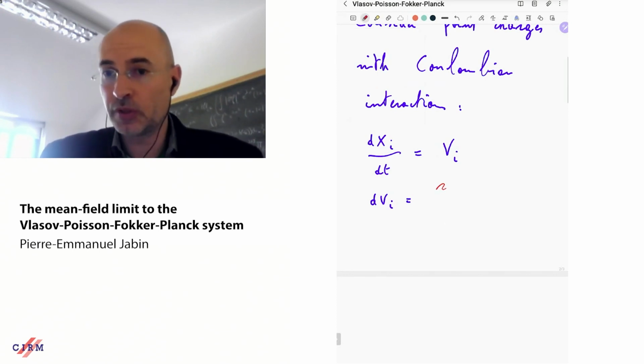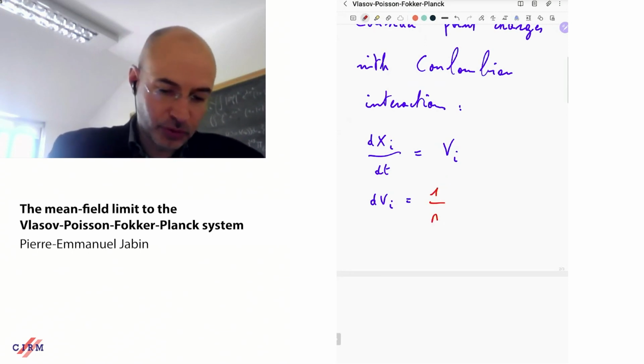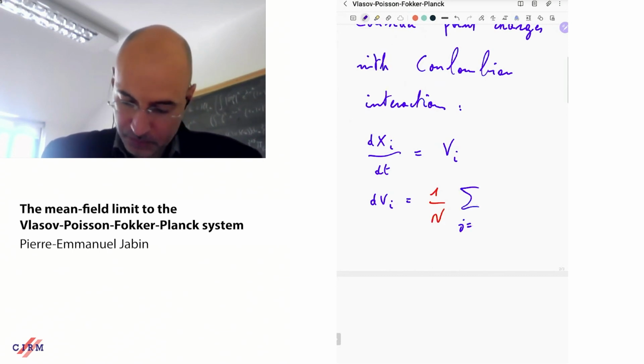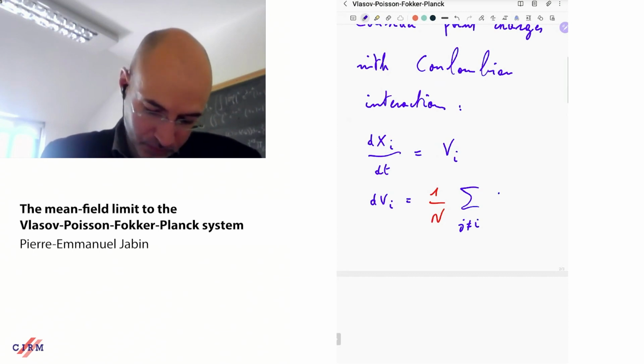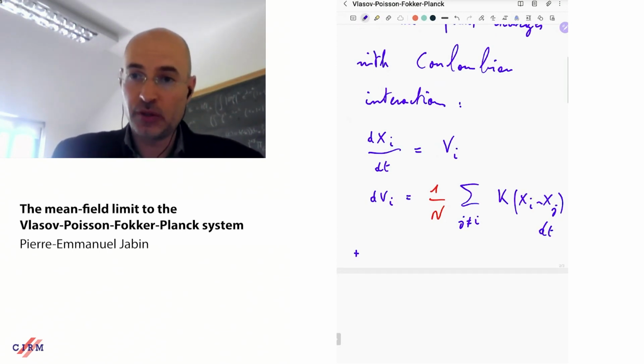Xi is the position, Vi is the velocity. I'm going to use the mean field scaling. I'll say one quick word about that in a minute. And then we have pairwise interaction. And here I'm also going to add some diffusion.